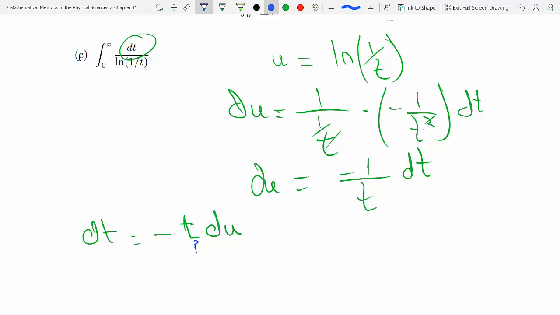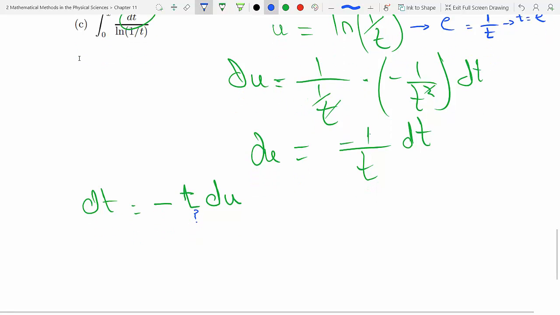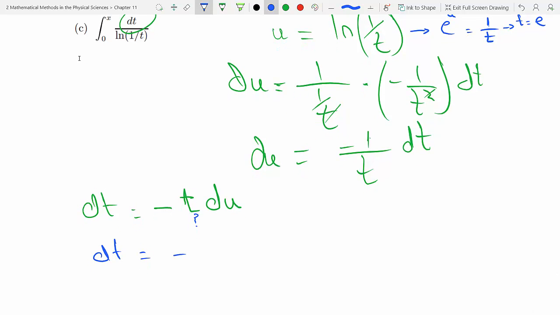So from this I can say e to the u equals 1 over t, which means t equals e to the minus u. And then I could replace this t by e to the minus u here. So this becomes minus e to the minus u du, and that enables me to replace dt with minus e to the minus u du.